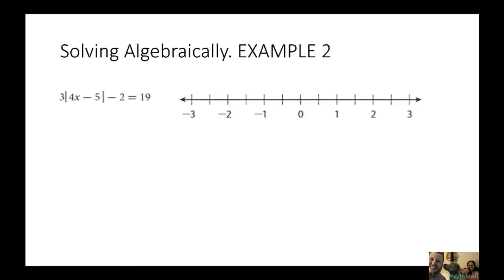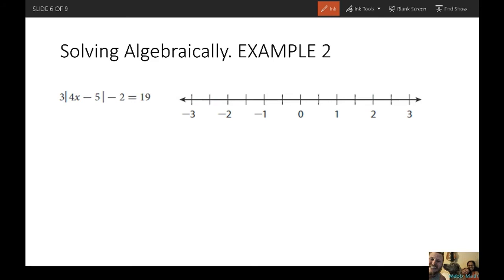Example 2. Again, I'm not worried about what's inside my absolute value. I just want to get my absolute value alone. So I'm going to go ahead and get rid of that -2 with the addition property. I have 3 times the absolute value of 4x minus 5 equaling 21.